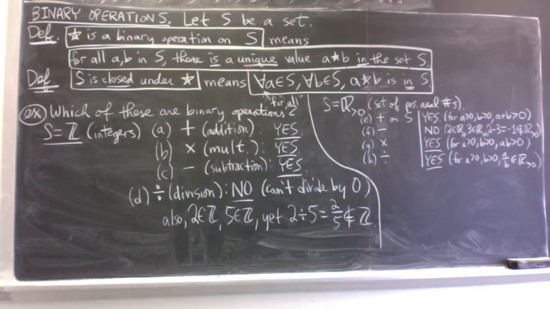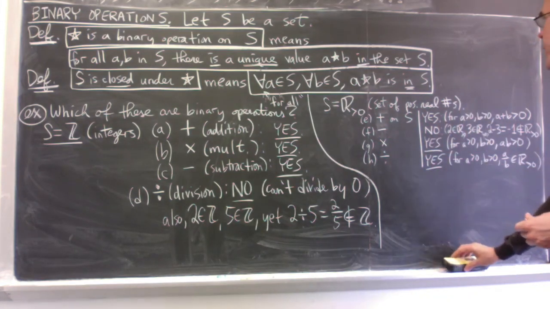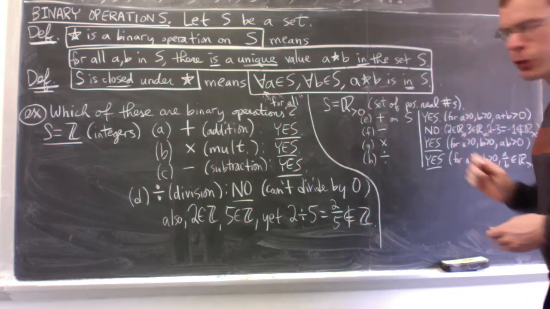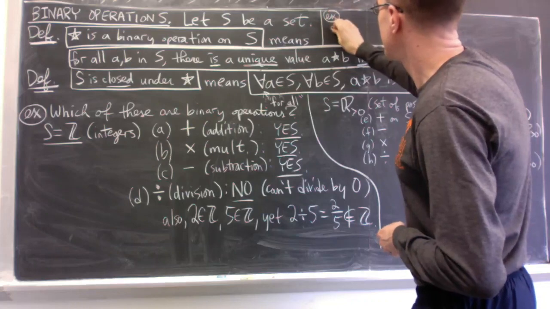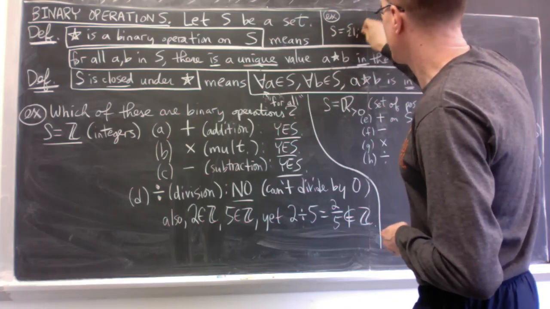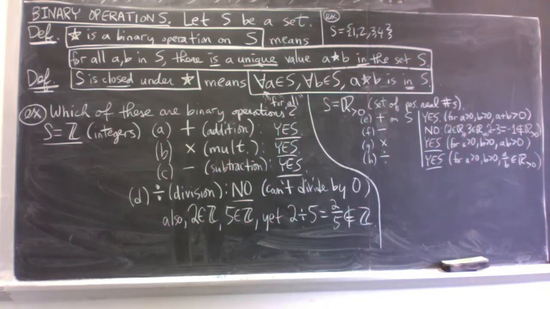All right, now there's lots of binary operations. You shouldn't think it's always going to be addition and stuff. There's way more possibilities. And so one thing you will do a lot is just to do a finite set. So let's take, I'll just randomly pick the set 1, 2, 3, 4 as my set. Okay.